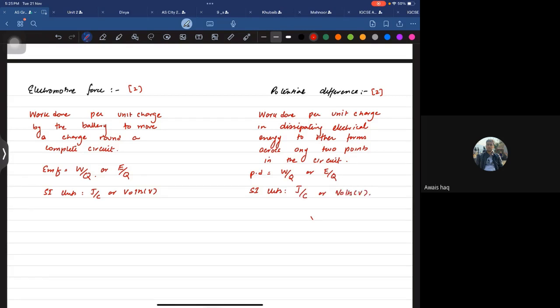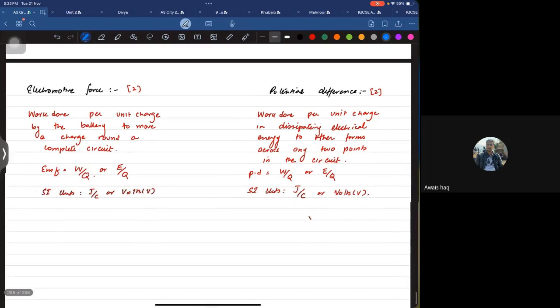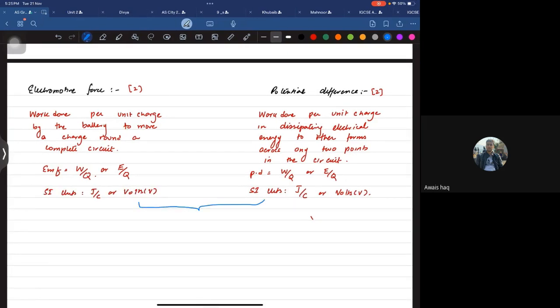I'm going to explain what these are, but before that, I just want to tell you that these two are scalar quantities and they are measured by a voltmeter. The symbol for voltmeter is like V and like that. Please write this down and then I'm going to go forward.